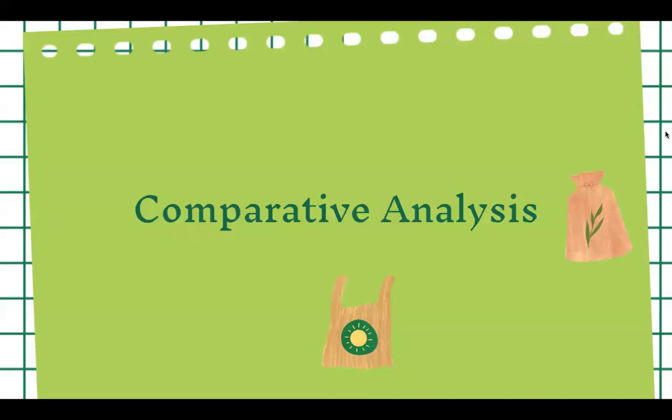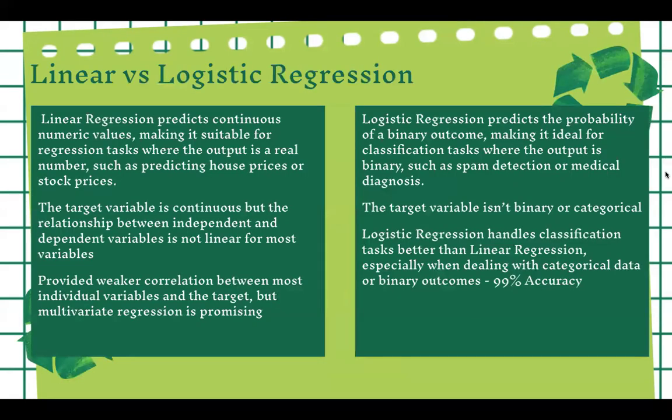In summary, if you look at the results of our project, linear, logistic, and decision tree classifiers have their own distinct characteristics and applications that you have to compare and analyze to see which one is the best option for us. Linear regression is primarily used for predicting continuous numerical values, and it works well when there's a linear relationship between the independent and dependent variables.